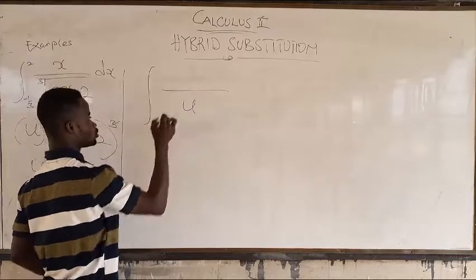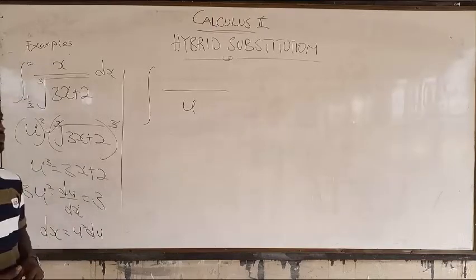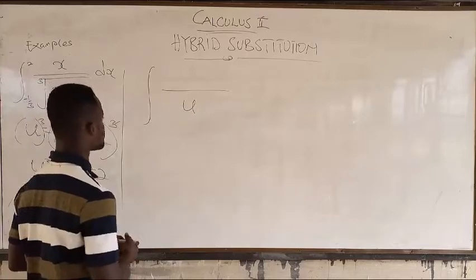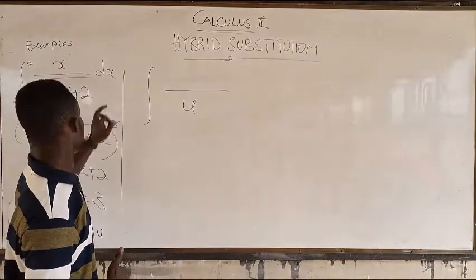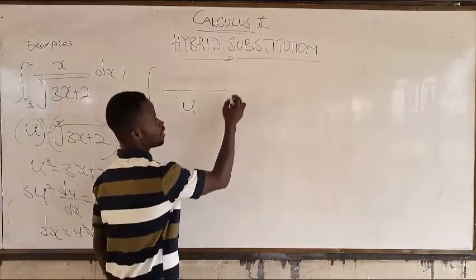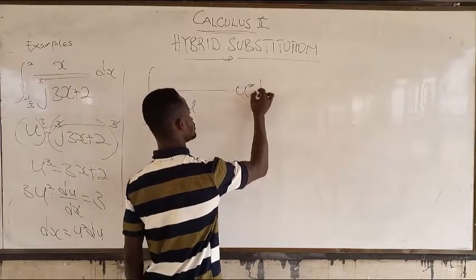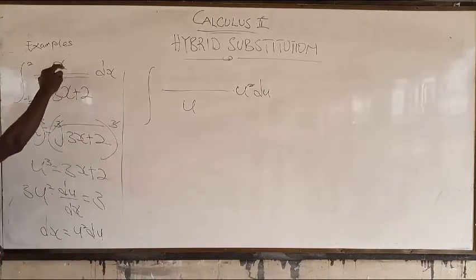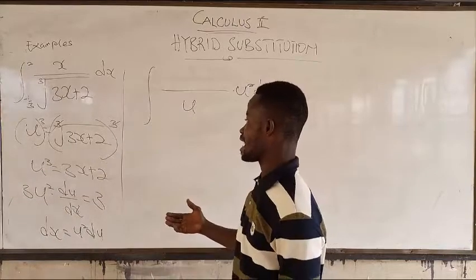That's what we showed before, raising both sides to the power 3. Then ds is u squared du. But what do you think is going to be this s? We can get the s from here.